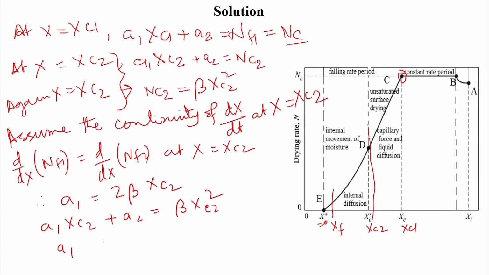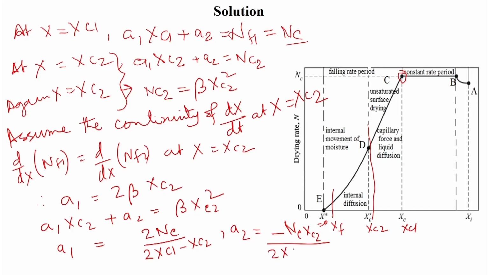Just by manipulation, A1 will be equal to 2 Nc divided by 2 Xc1 minus Xc2, A2 will be equal to minus Nc into Xc2 divided by 2 Xc1 minus Xc2, and beta will be equal to Nc divided by Xc2 into 2 Xc1 minus Xc2.